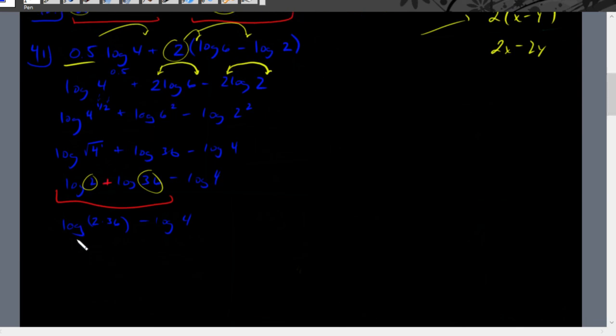Running out of space here. So we've got log of 72 minus log of 4. And now we're down to a difference of logs. In a difference of logs, you can condense into a single log, where it is this piece divided by this piece. So you've got 72 over 4.